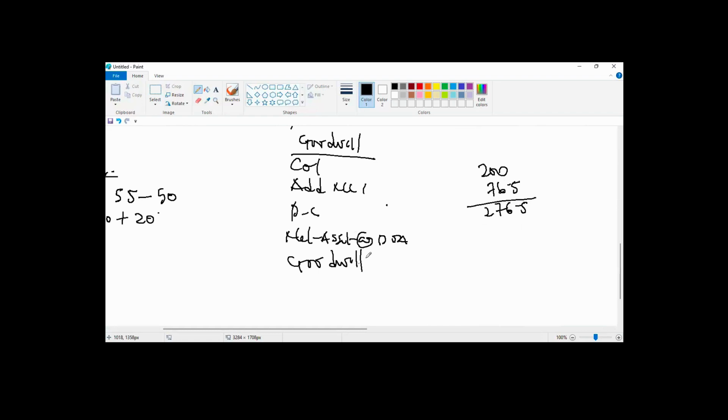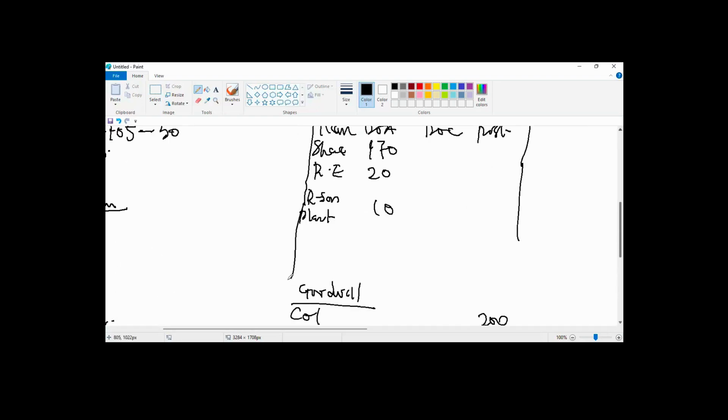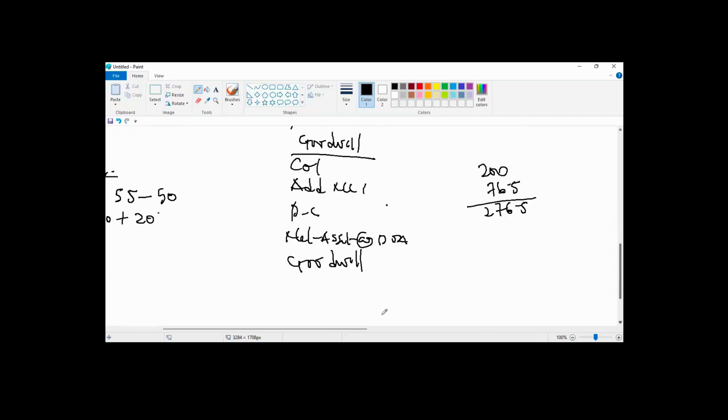What is the net asset at the date of acquisition? 200. 76.5.